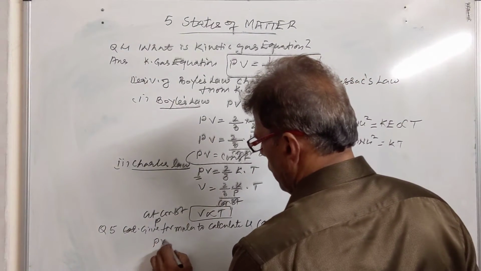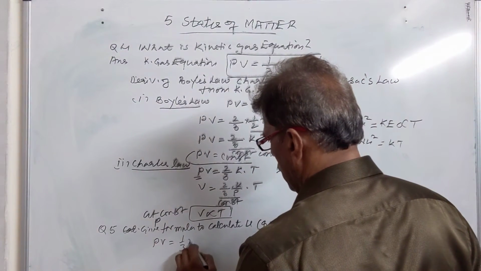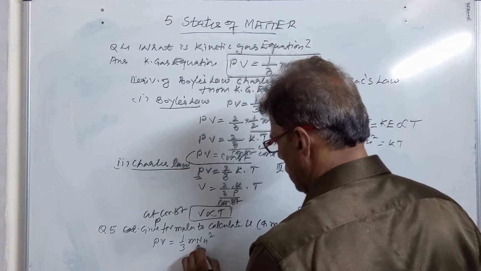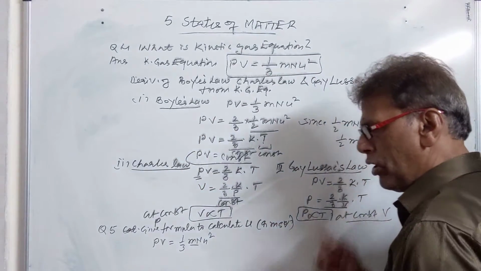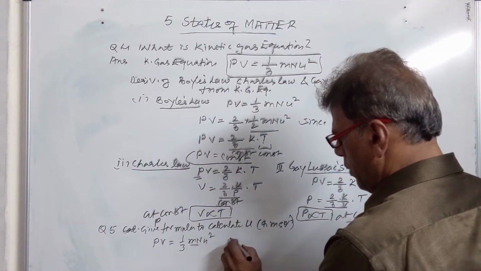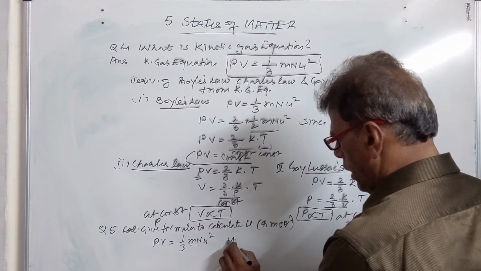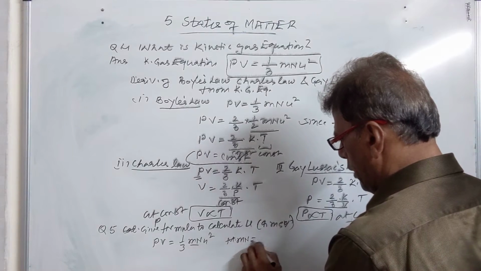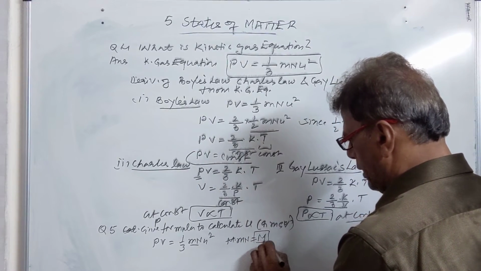We know PV is equal to 1 upon 3 mnu square. Small m is the molecular mass of the gas molecule, and n is the number of molecules. If we replace small m multiplied by n by capital M, this is the total mass of the gas sample.